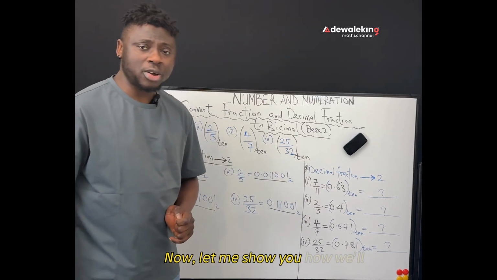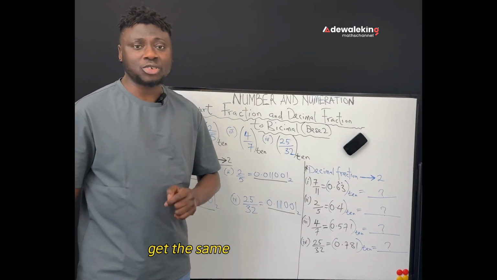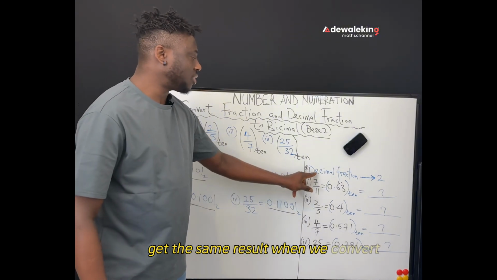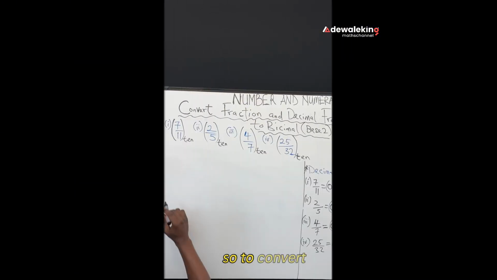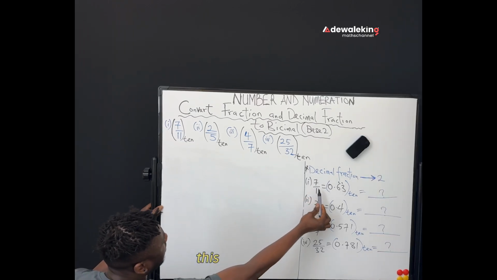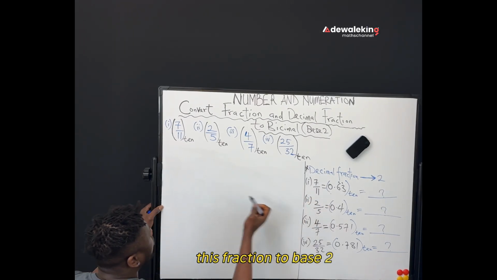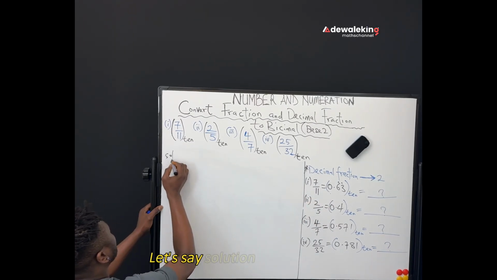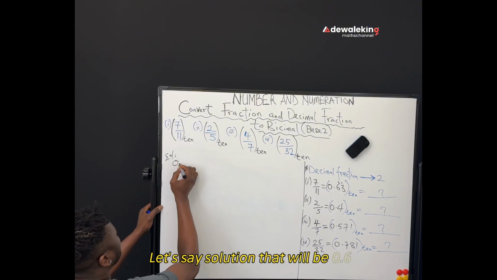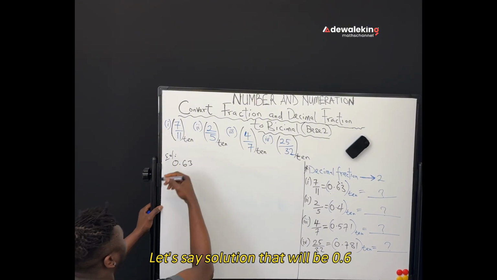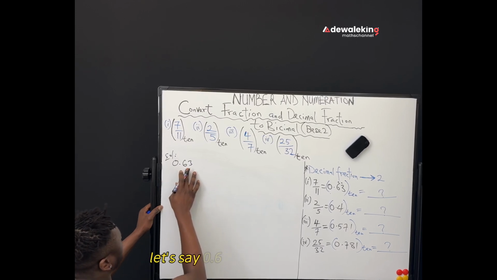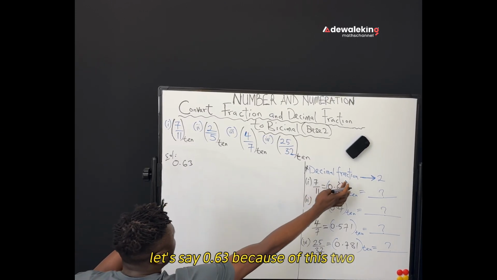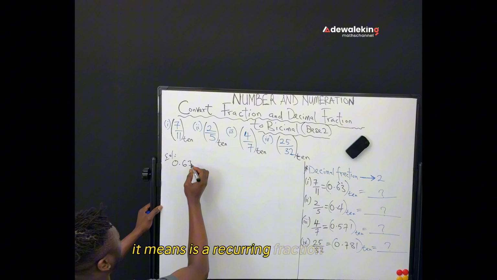Now let me show you how we'll get the same result when we convert the decimal fraction to base 2. So to convert this fraction to base 2, the solution will be 0.636363. But let's say 0.63, because of these 2 dots, it means it's a recurring fraction.